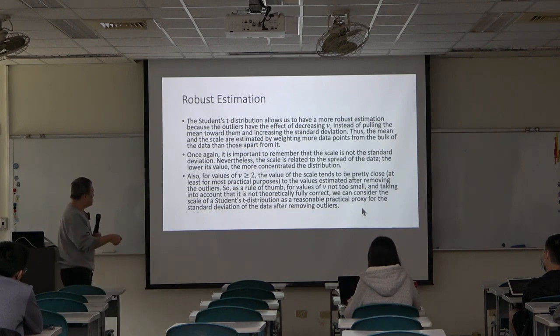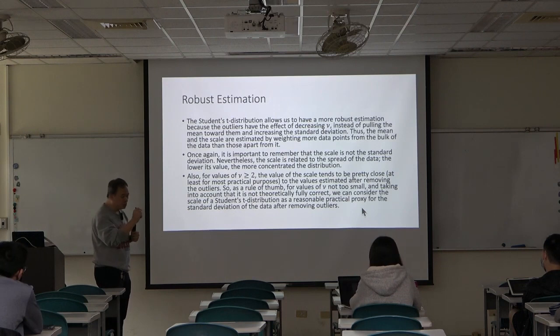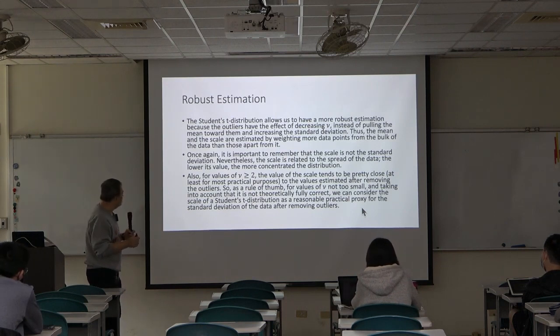For the value of v greater or equal to 2, the value of the scale tends to be pretty close to the value estimated after removing the outlier. So even if you remove the outlier, the scale tends to be very close.